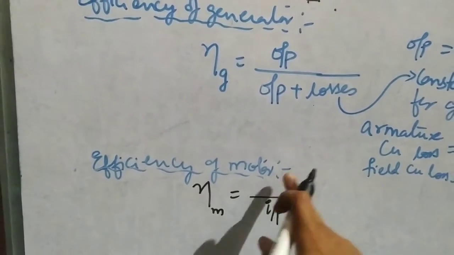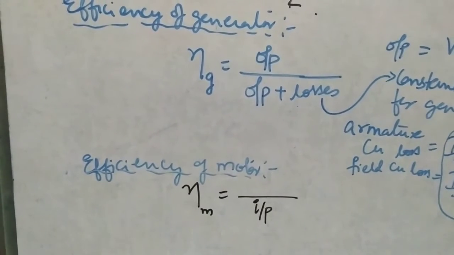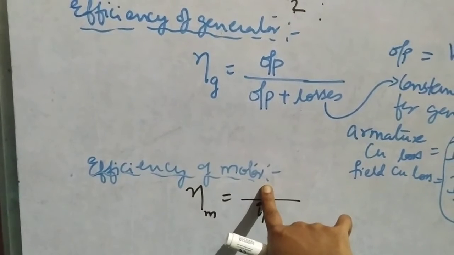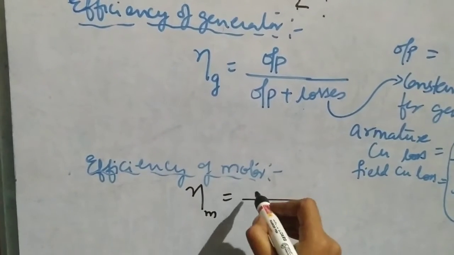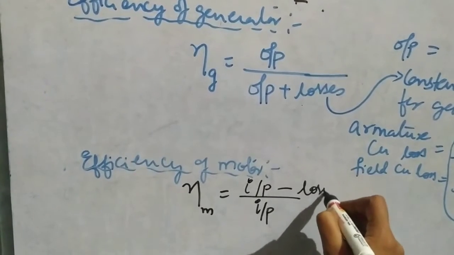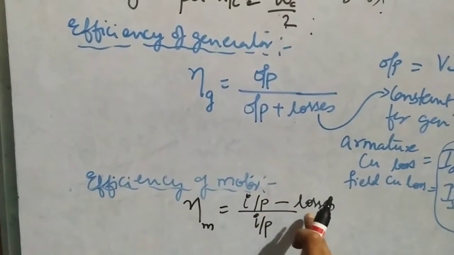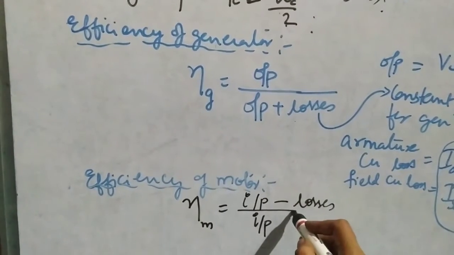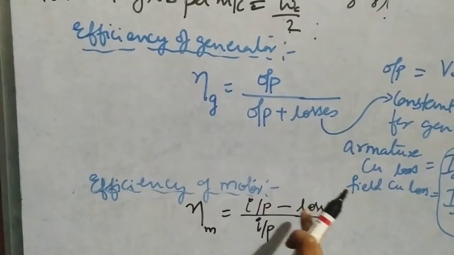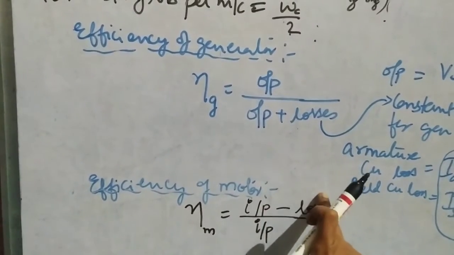So we know that input is equal to output plus losses. But here we have to express output with respect to input, right? Therefore I will write input minus losses. So remember, for the motor, the numerator term you have to manipulate, with the difference of the two terms, what you expressed in the denominator: input minus losses.